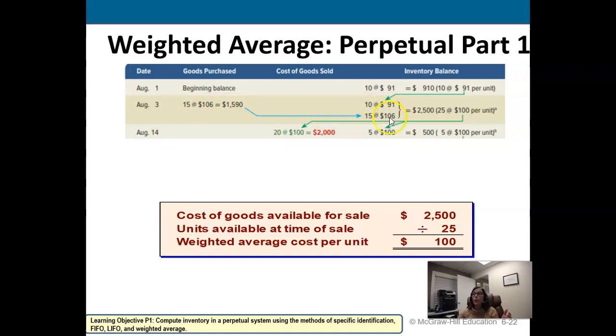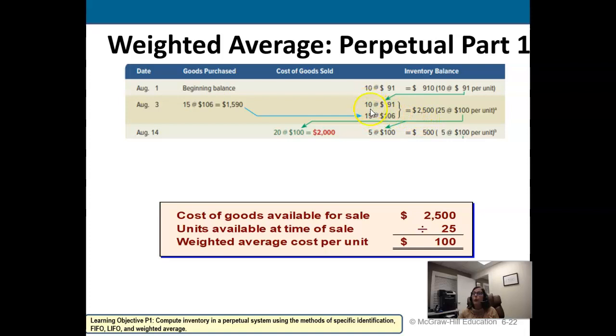We don't want to just take the average of 91 and 106 because we only had 10 items at the 91 and 15 items at the 106. So if we just took an average of the 2 unit prices, that would not get us a weighted average. That would just get us an average price. So we want to weight that based on the number of items in our inventory at each of those respective costs.